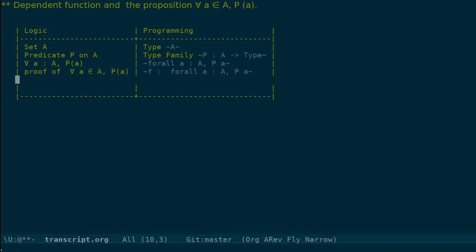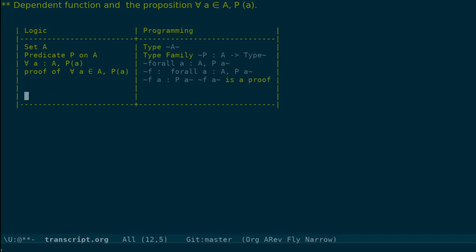So if you have a function of this kind, you will see that F of a is a proof of P of a, which by intuition, by the connection that we have, F of a is a proof. It's a proof of P of a.